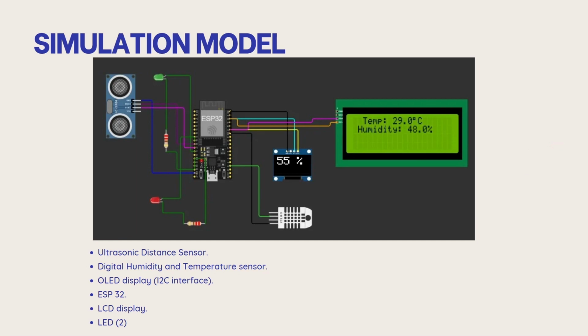You can see it will show the percentage of water, which is 55%, and the ESP32 in the middle, and the LCD display that will show the temperature and humidity, and lastly two LEDs, which are the green and the red LEDs.